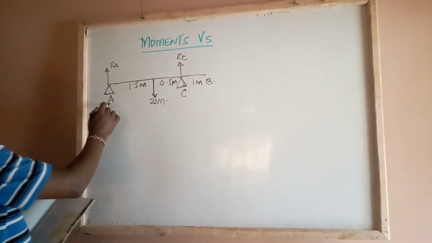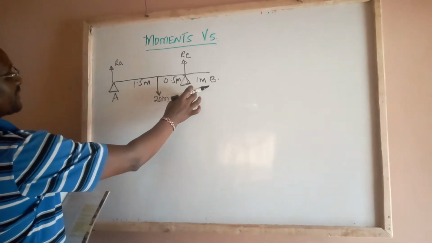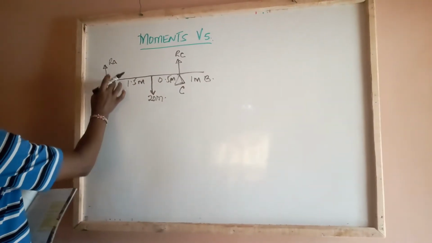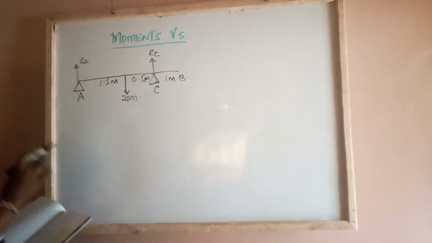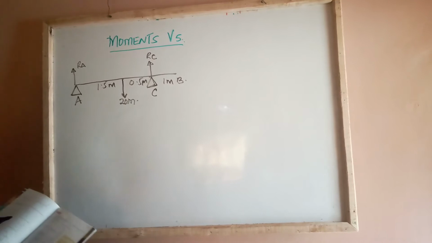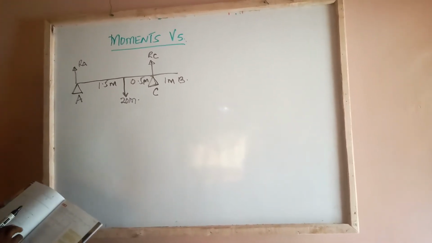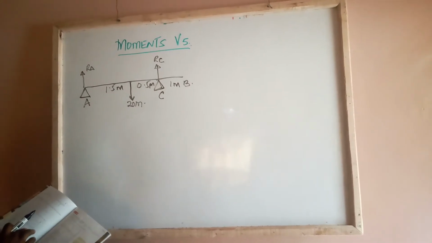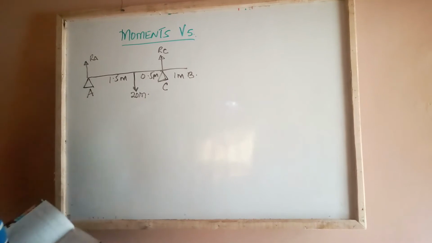At point A we have a fulcrum or a rotating point. At point C we have another rotating point. We have the reaction at point A. We have the reaction at point C. The question is, calculate the magnitudes of the reaction at each of the supports.